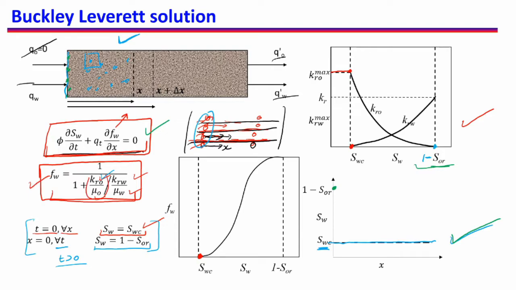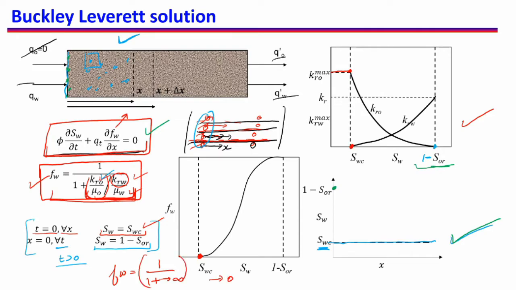We get a constant quantity here, which is KRO max divided by mu, divided by a quantity which is 0 or approaching 0. So that means this quantity approaches infinity. So Fw at this point is 1 by 1 plus something approaching infinity, so this quantity actually approaches 0.